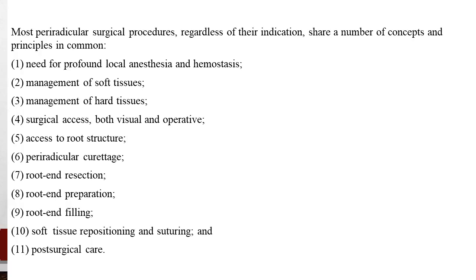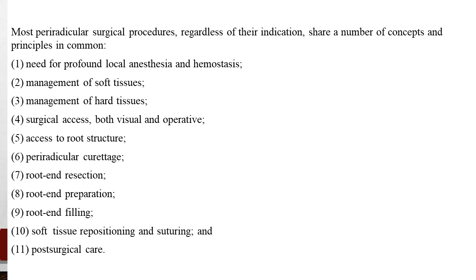Now, most periradicular surgical procedures will share a number of these concepts. So, please keep in mind that these are some of the concepts which are going to be dealt with. However, not all cases will require all of these concepts. Okay. The first is the need for profound local anesthesia and hemostasis.